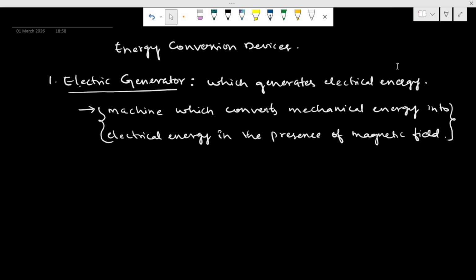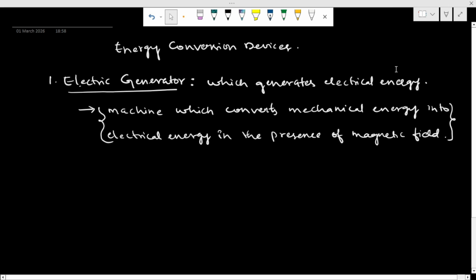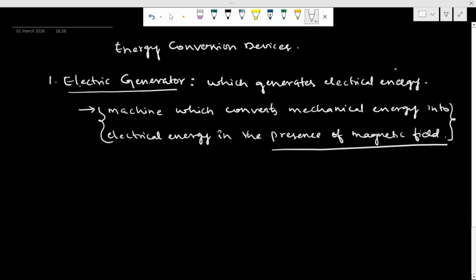In the previous lecture, we already saw how we can induce the voltage or induce EMF in the presence of magnetic field with respect to Faraday's laws. With respect to Faraday's first law, we have seen how the EMF is induced.